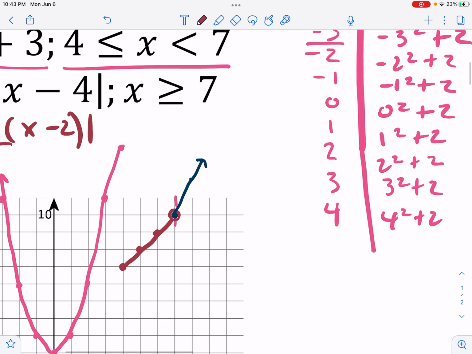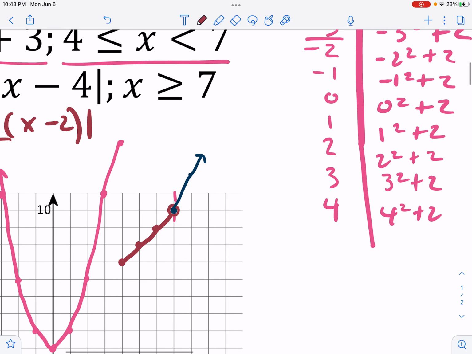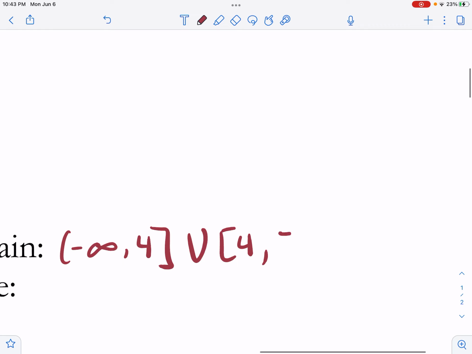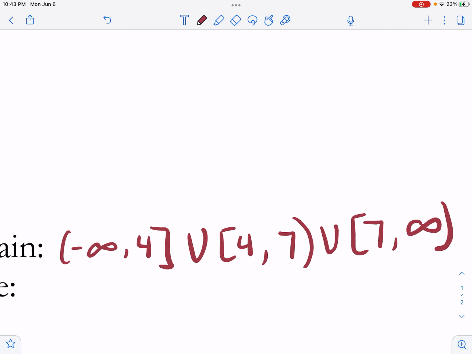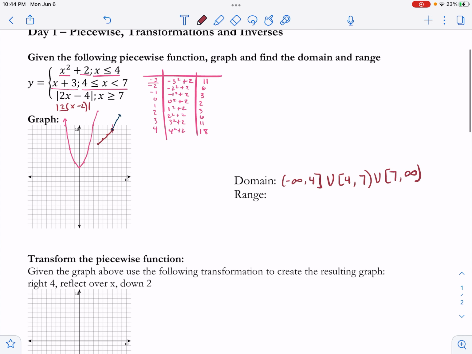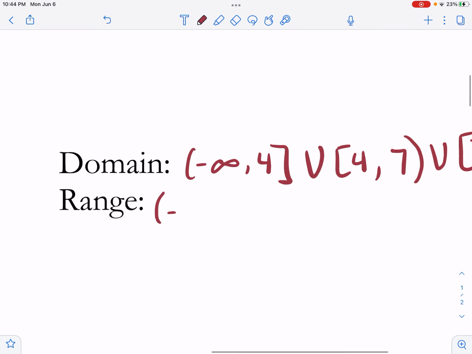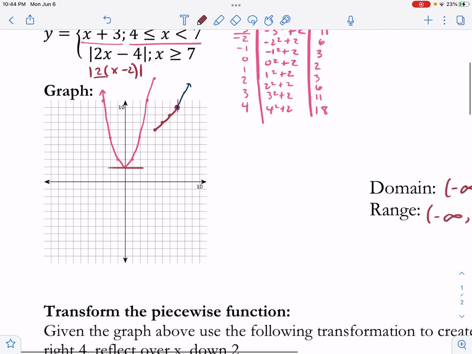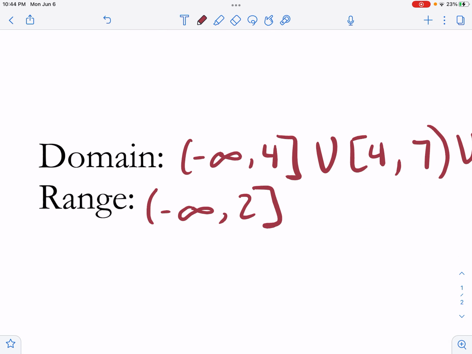Even though this is technically connected, we're going to do 3. And then next it would be 7 included to infinity. And then for our next, it's range, and our range would just be -infinity to the bottom here, so that's 2 included.